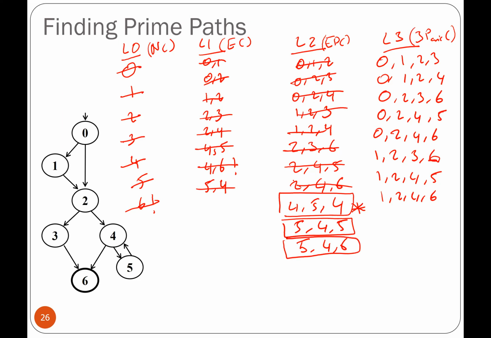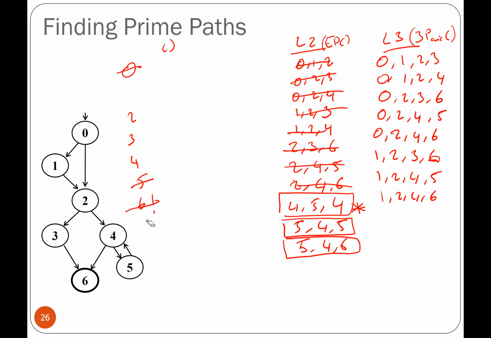Now, I'm going to erase all of those over there. Because the point is, once I have something identified as a prime path at a certain length, and it's not subsumed by length 3, I automatically know it's not going to be subsumed by length 4, length 5.